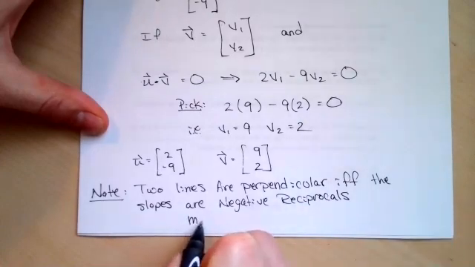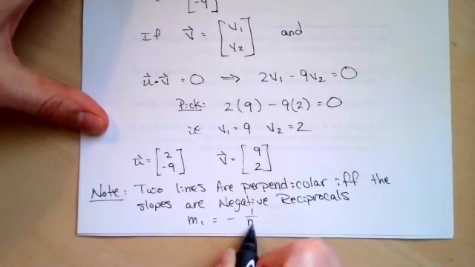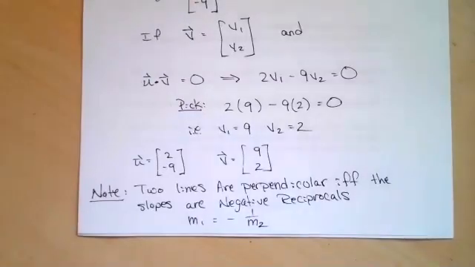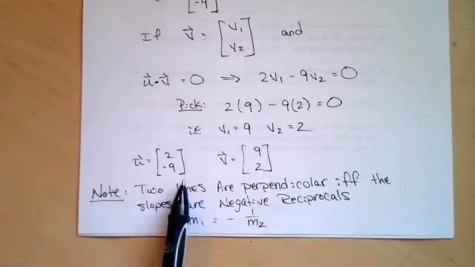In other words, our m1 is negative 1 over m2. So this should be raising some alarms here of what's going on.